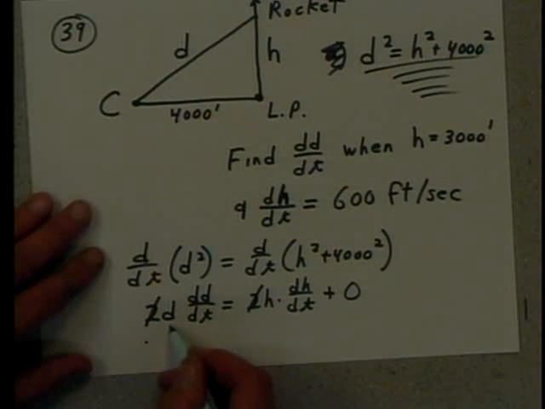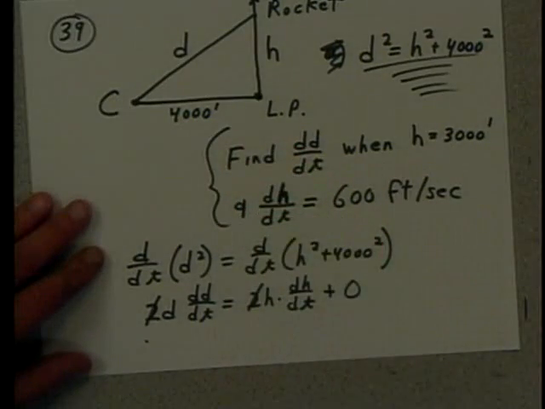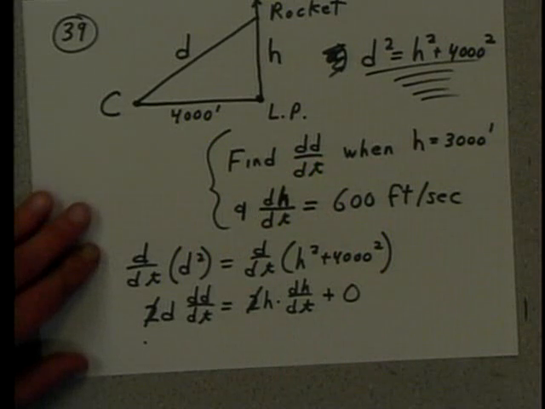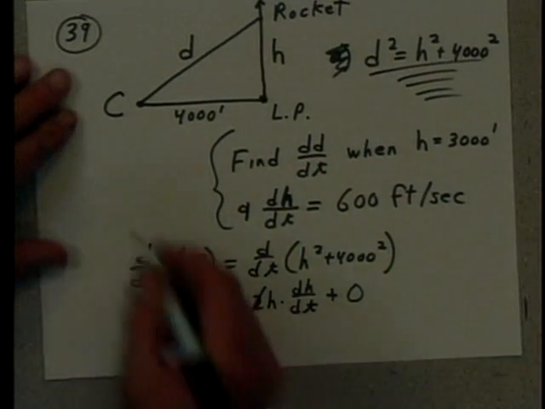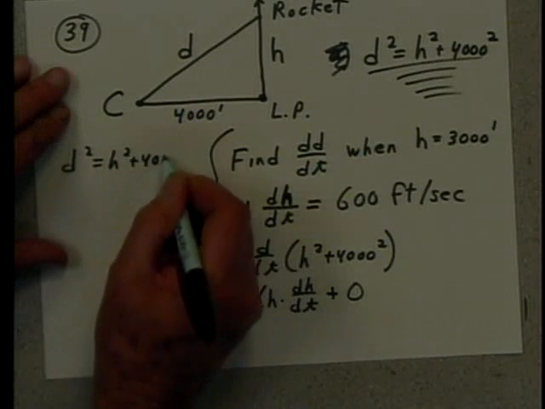That's up to you. But right away, I encounter a D. And I look back at my list here, and I had no D. So I said to myself, it must be I could find that on my own. So you go back to D squared equals H squared plus 4,000 squared.